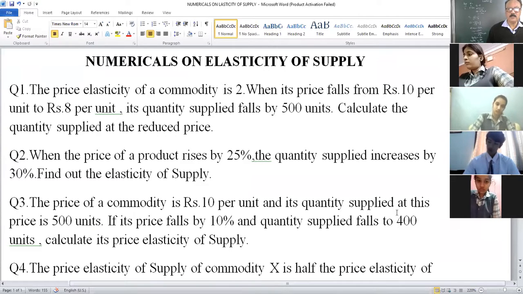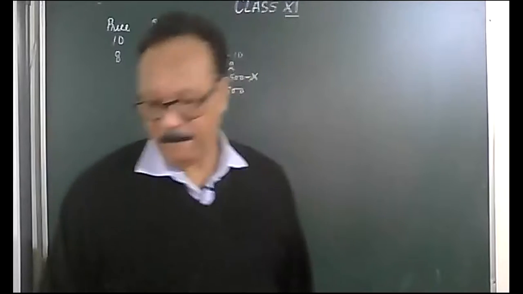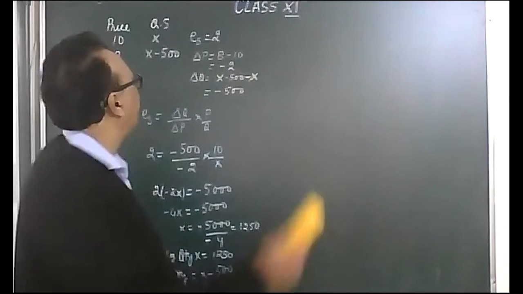That is question number 2. When the price of a product rises by 25%, the quantity supplied increases by 30%. Find out the elasticity of supply.